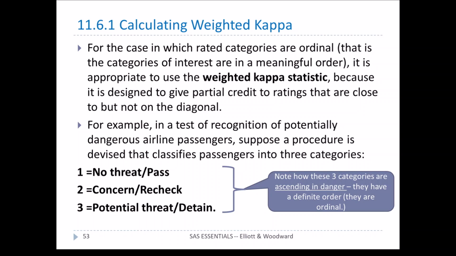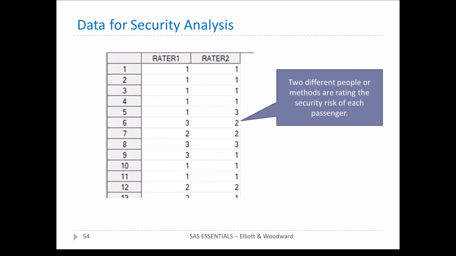So now we see that the three ways that we're classifying individuals now has an order to them rather than the previous example where it had no order. So here is the data, for instance, we're looking at, and we see that each row is a passenger, and we have two raters or rating systems, and each one of them is rating this passenger.